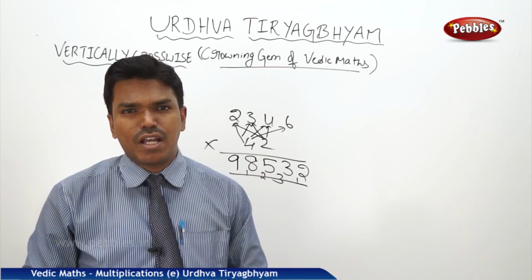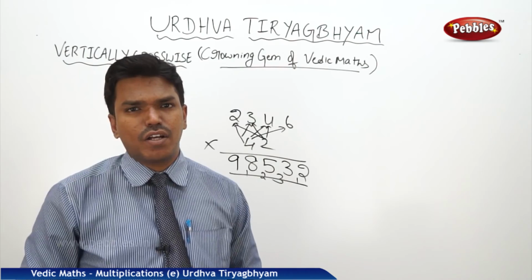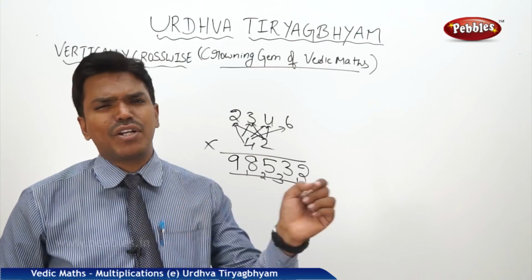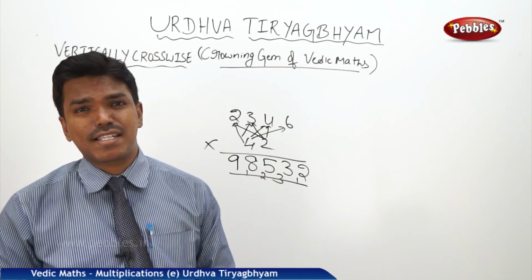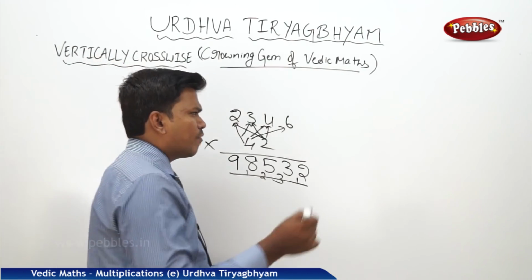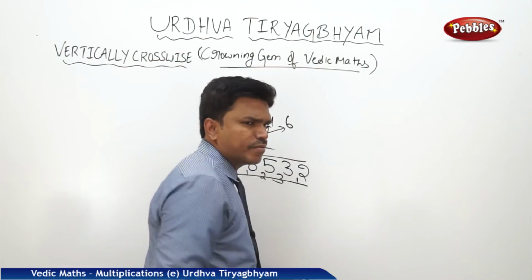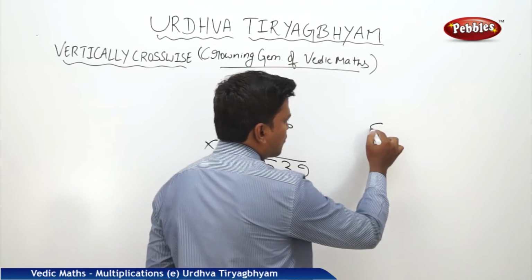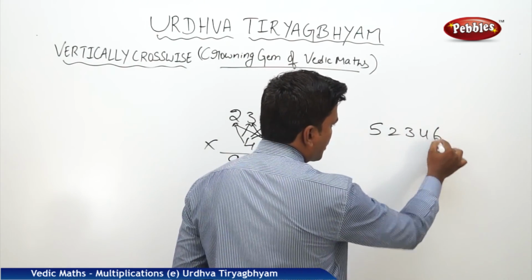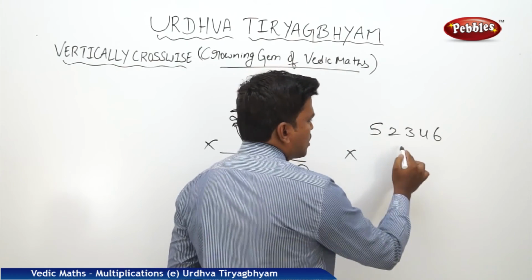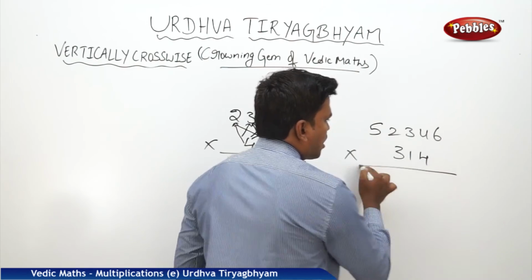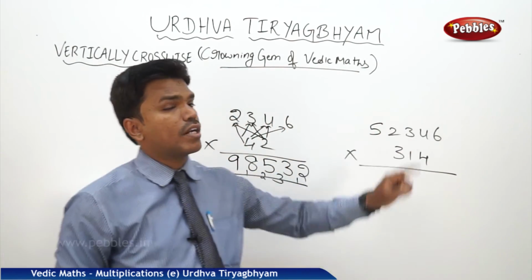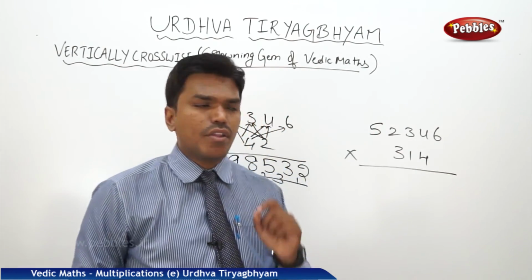If I can easily understand the logic, it's not a problem to calculate any number into any number and to get the answer within a single step, that too within less time. Finally, I want to show you 5 digit into 3 digit. Let us take 52346 into 314.